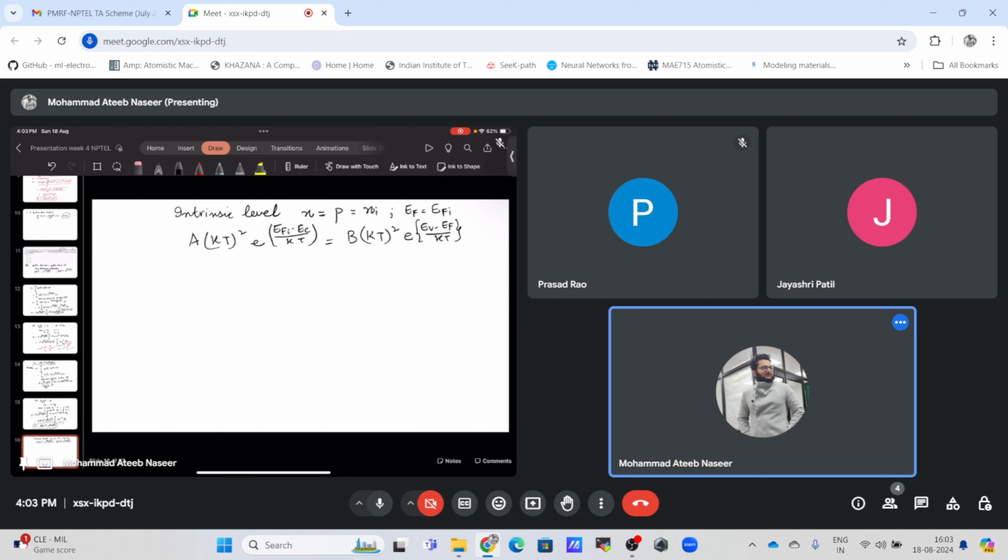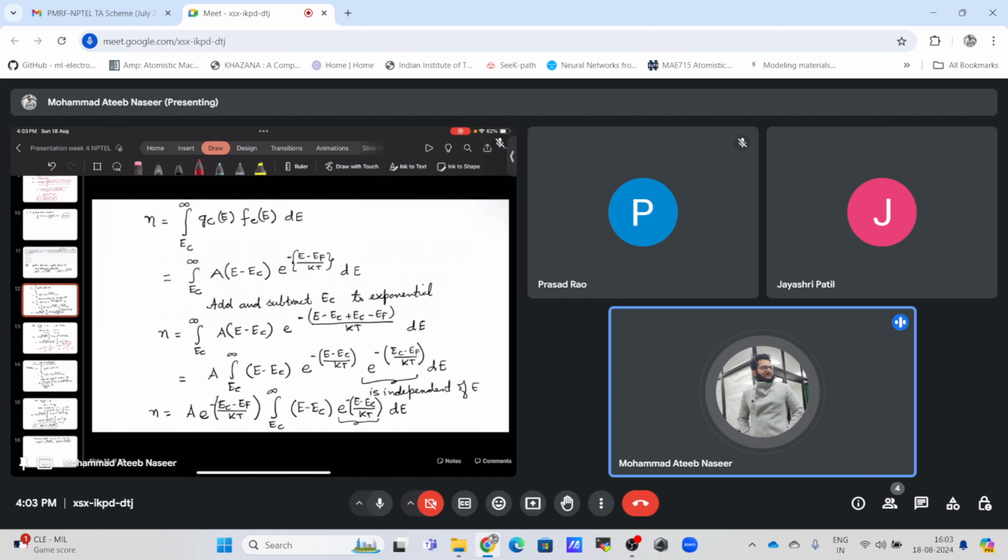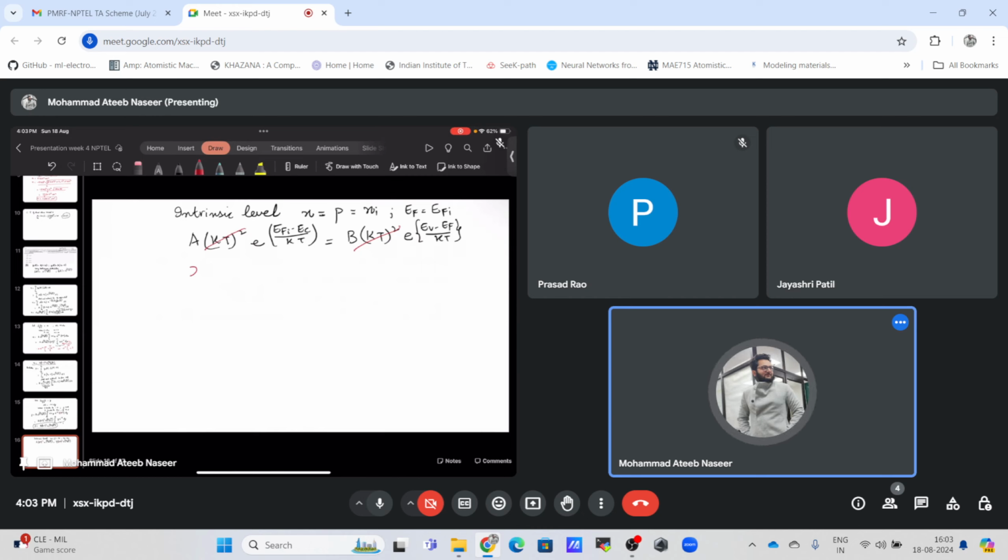So kT squared and kT squared go, and A is 2 times B, so it is 2B exponential of EFI minus EC minus EV plus EFI by kT equal to B. So B and B will go, and we will take ln on both sides.